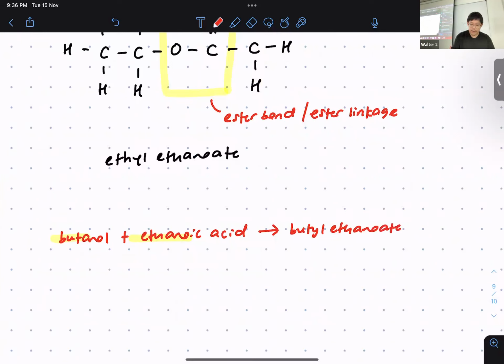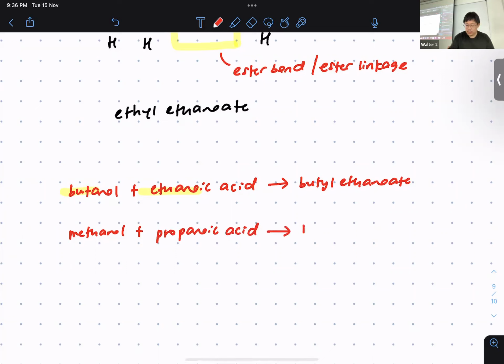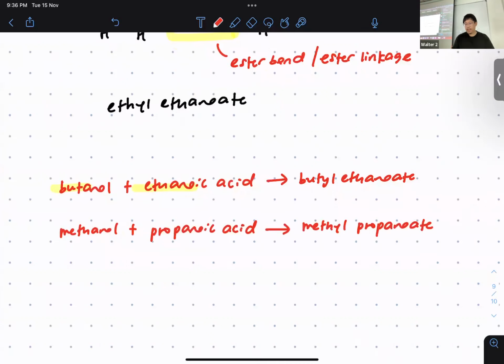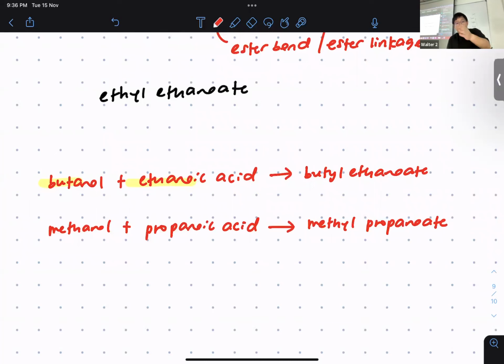If you have, say, for example, methanol plus propanoic acid, then it will be methyl propanoate. That's it. Okay, so we follow the alcohol name first, then only the carboxylic acid name. It's very simple.